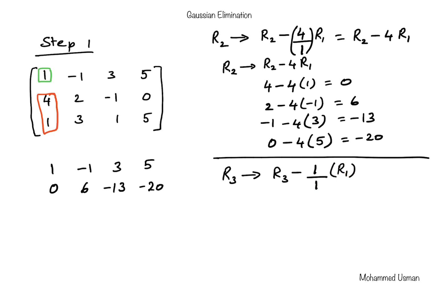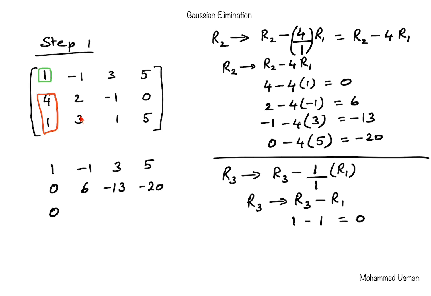So simplifying this equation, it simply becomes R3 transforms to R3 minus R1. So all we have to do is, in place of R3, we put R3 minus R1. The first element in R3 is 1, and the corresponding first element in row 1 is 1. So 1 minus 1 will give us 0. And the corresponding second number in R3 is 3.